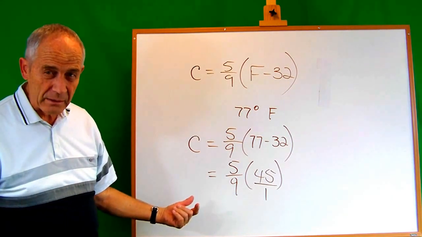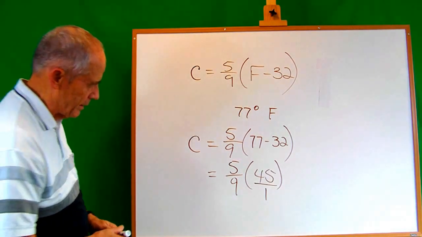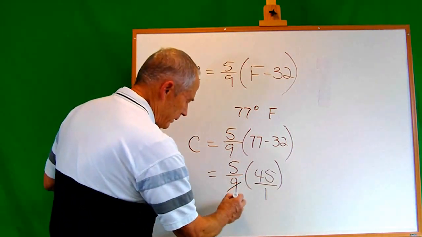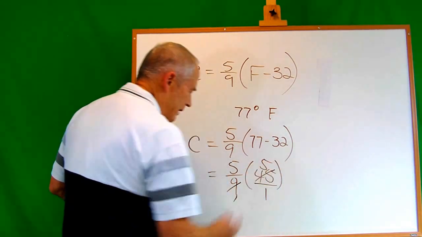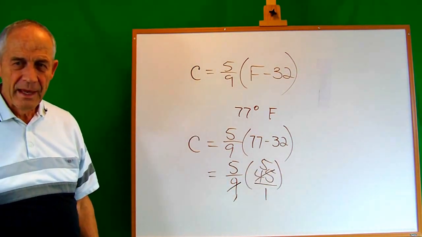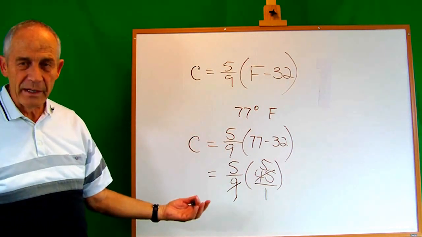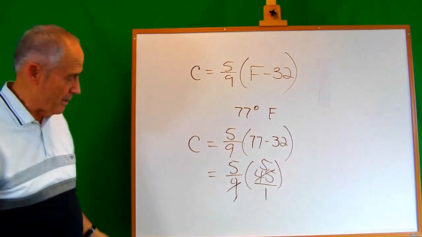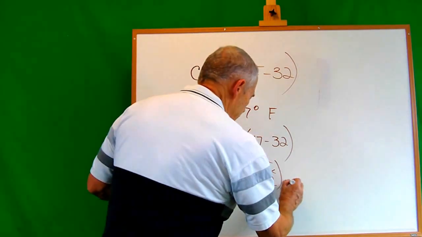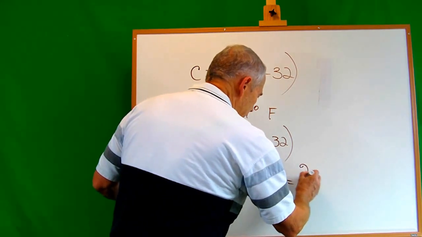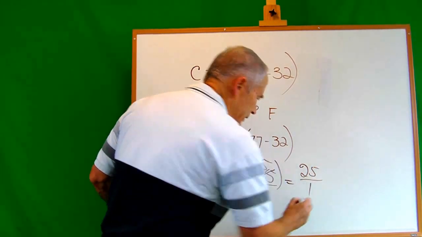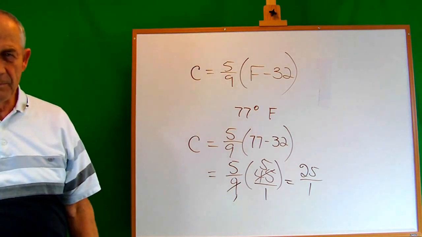Are there any factors of 9 anywhere in the numerator? There are. So we divide out that common factor, and now we're ready to multiply because there's only 1s in the denominator. And when we multiply the numerators together, we get 25. We multiply the denominators together, we get 1.